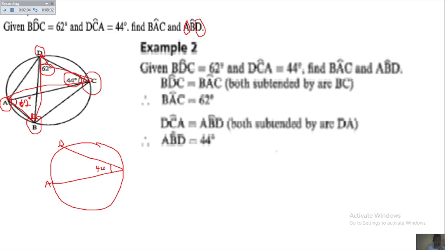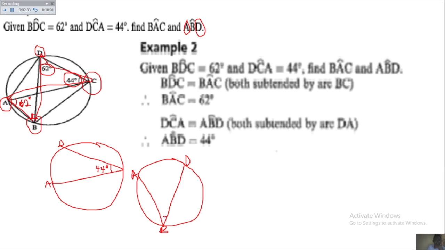That's the first one. Then when you look at it again, it's suspending ABD. That same leg again is suspending ACD.